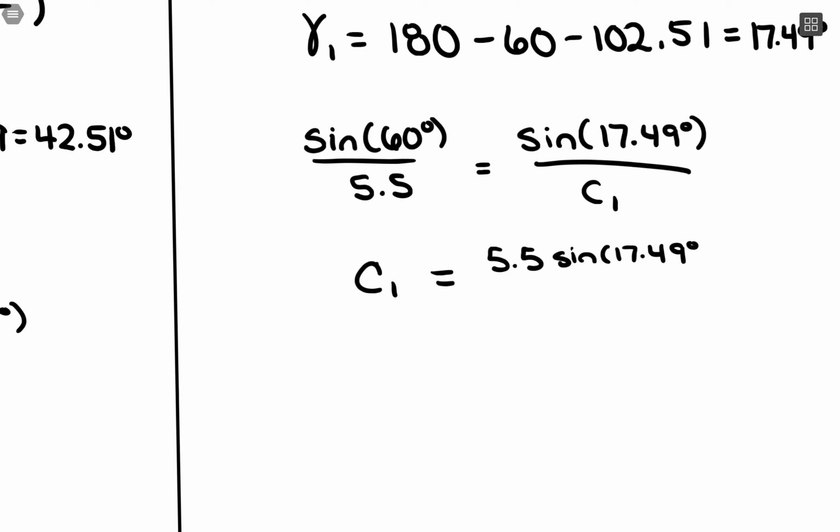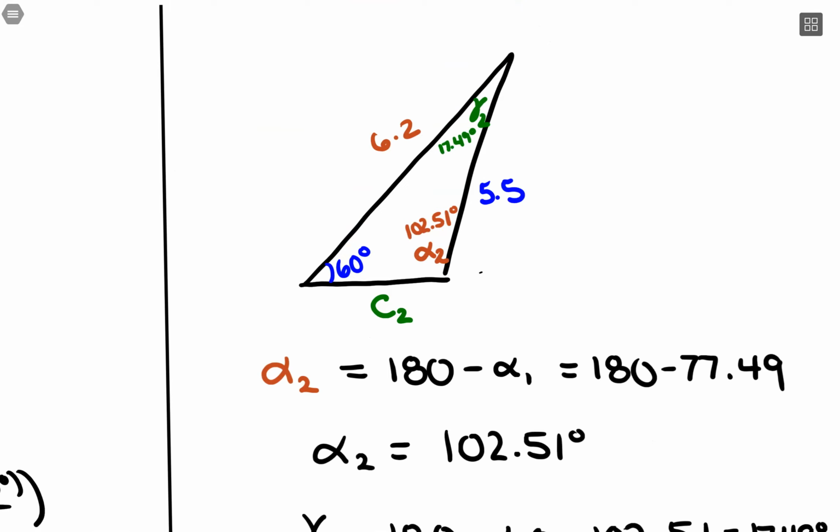So we're going to have that in the numerator divided by sine of 60 degrees. And C2 will have a distance of 1.91. 1.91, and that makes sense that that's teeny tiny, with that tiny angle across from it, and then large angle with large side length.